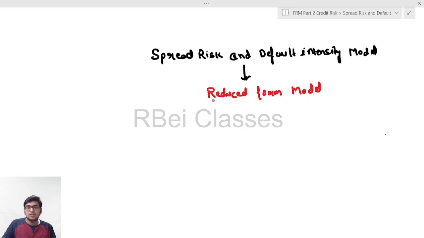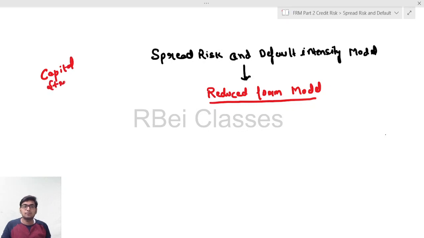First of all, let us understand this part, reduced form model, and how this is different from our structural model. In the structural model, we are using the capital structure of the organization, like the whole debt, the whole equity, and the asset of the organization. Clear? You remember?